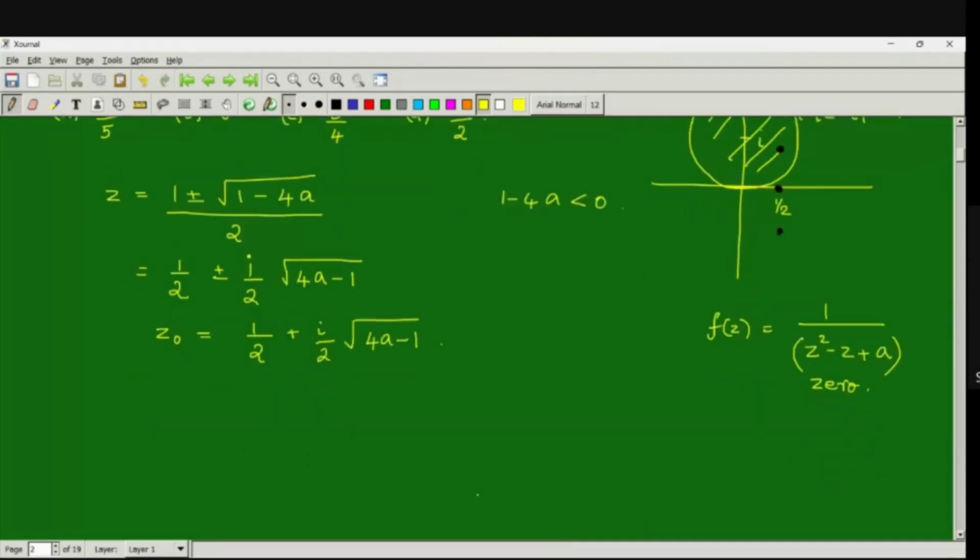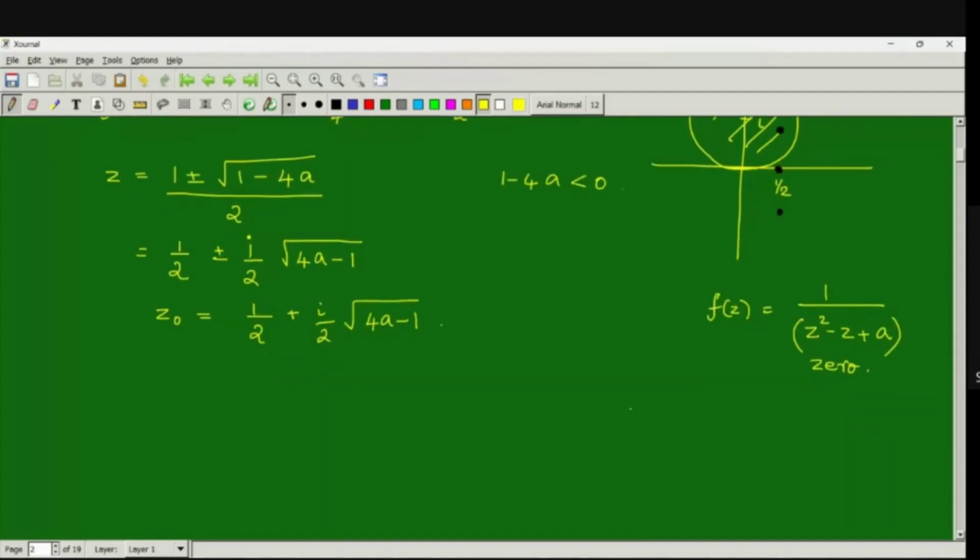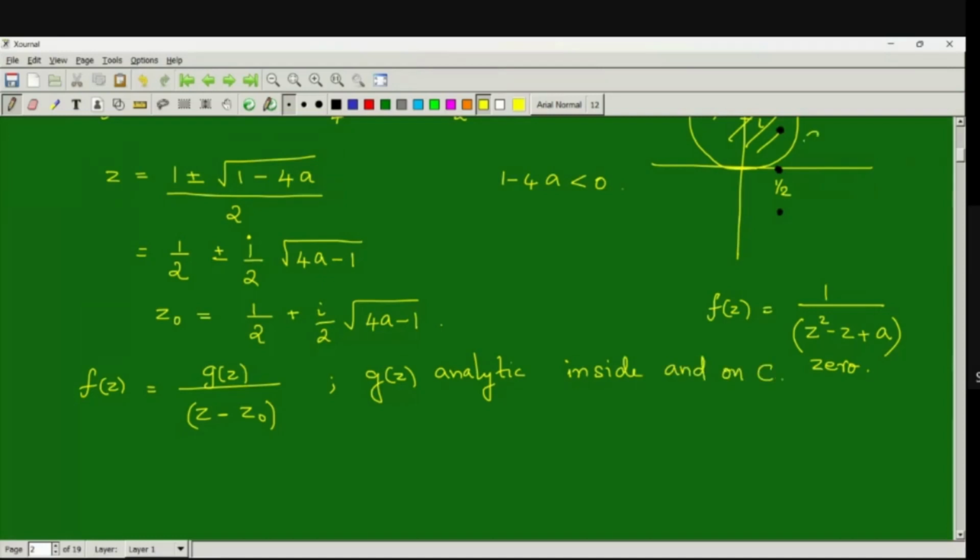Now we modify our f(z) slightly. See, f(z) is g(z) by z minus z naught, where g(z) is analytic inside and on C. C is the circle.